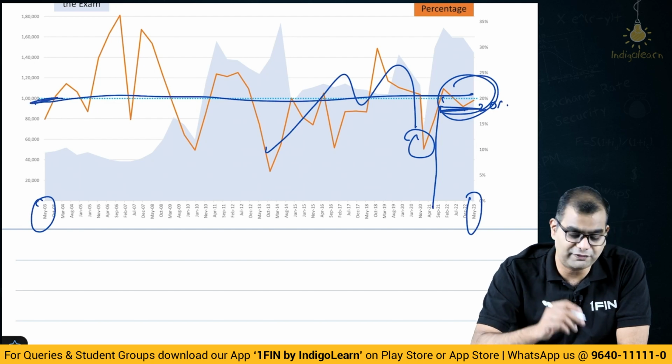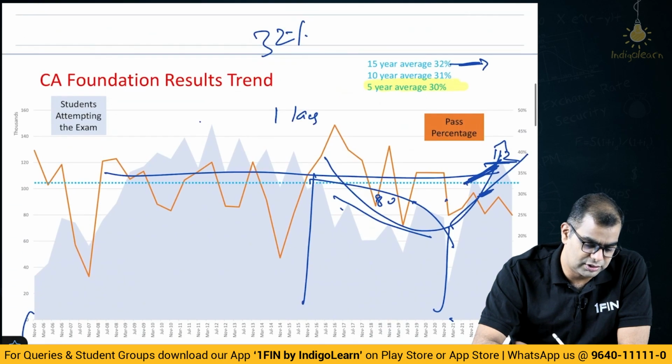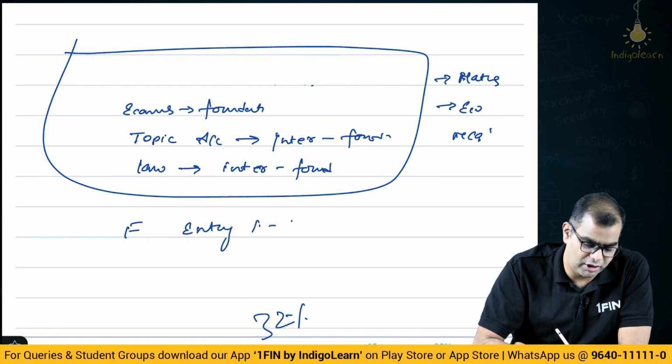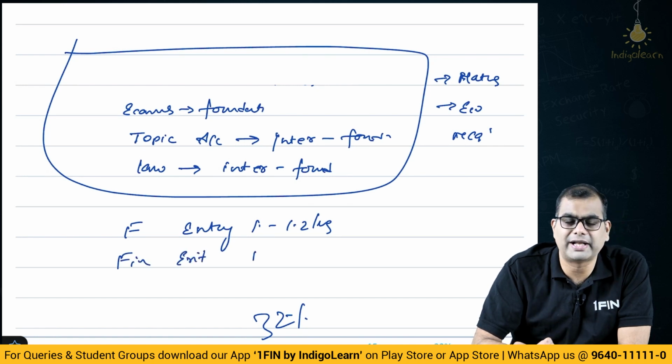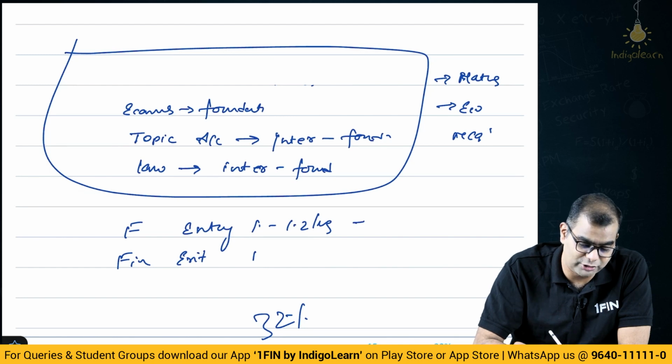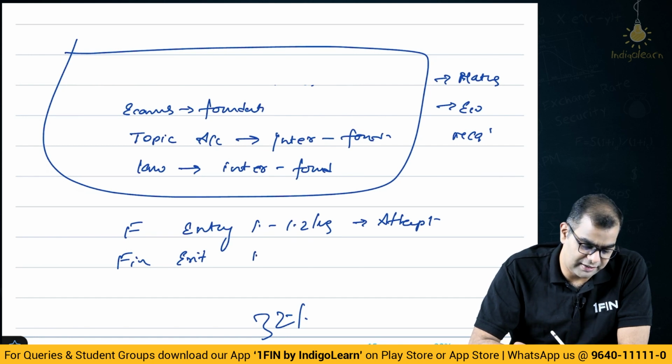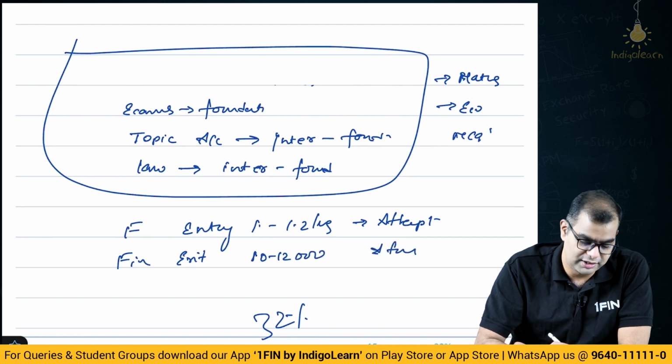So, every year the number of fresh chartered accountants coming out: foundation entry is about 1 to 1.2 lakhs and final exit is about 10 to 12,000. Please note that it is per attempt.